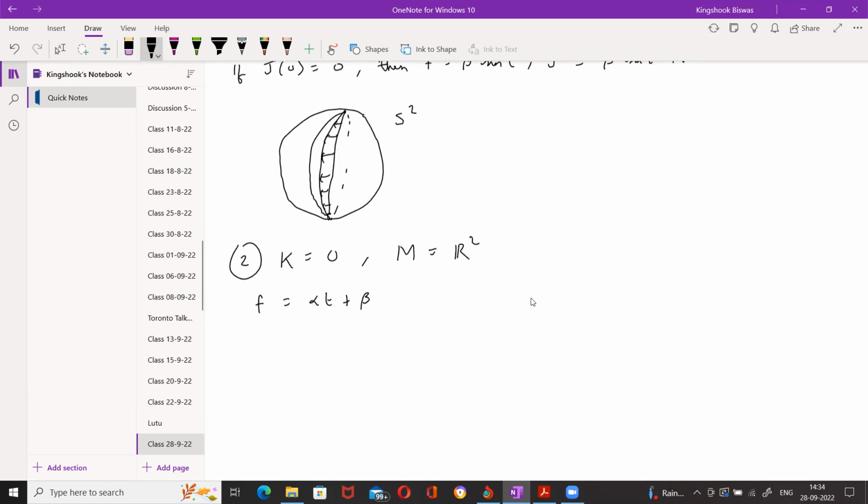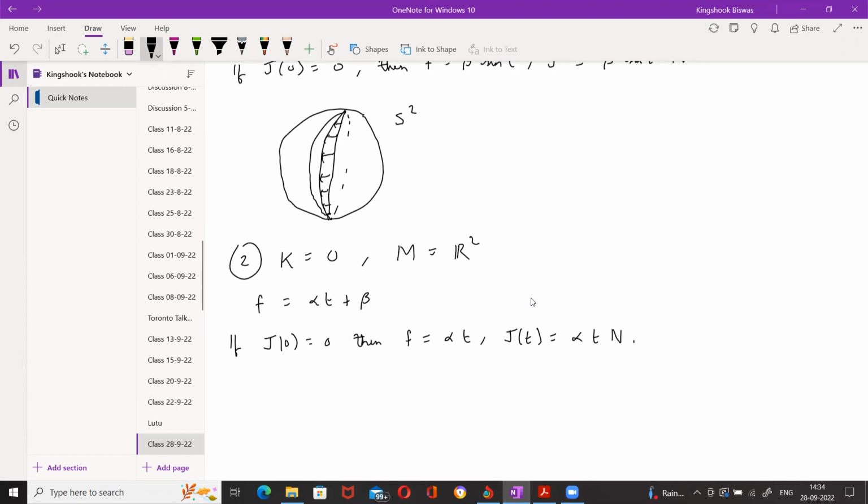So if J0 is 0, then f is just alpha t. So Jt is just alpha t times n. So here Jacobi fields grow linearly.